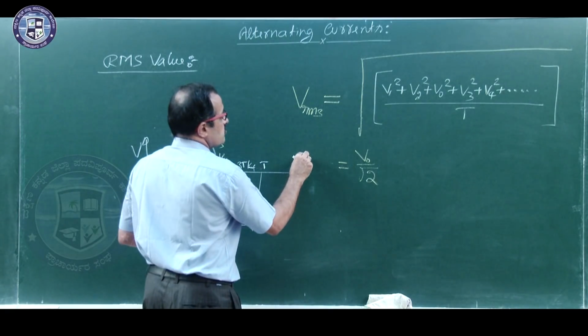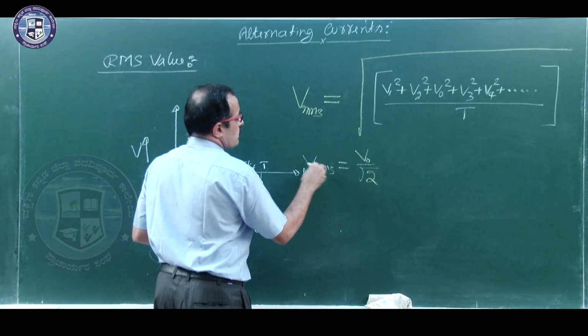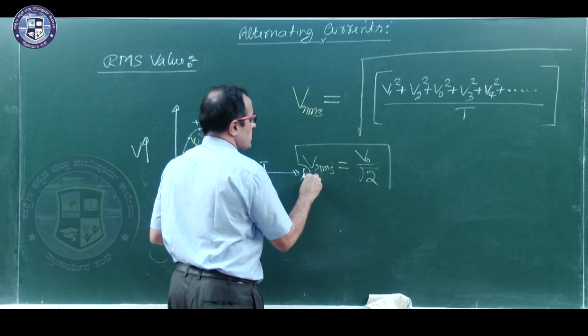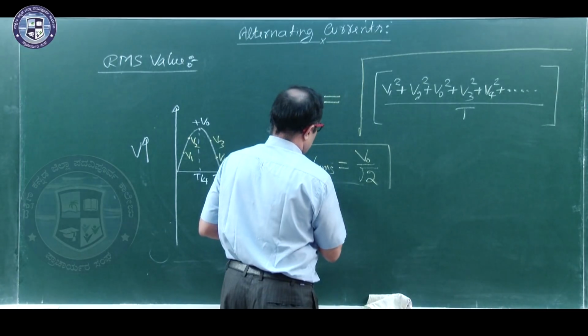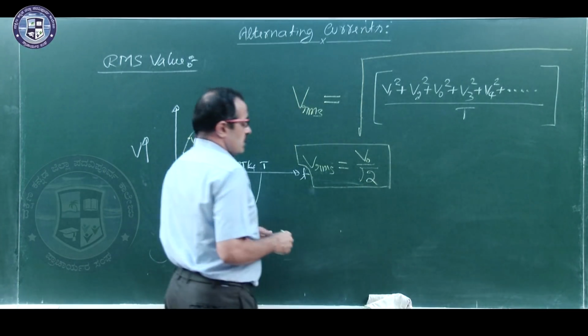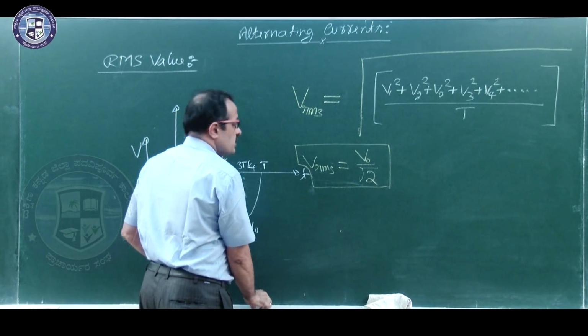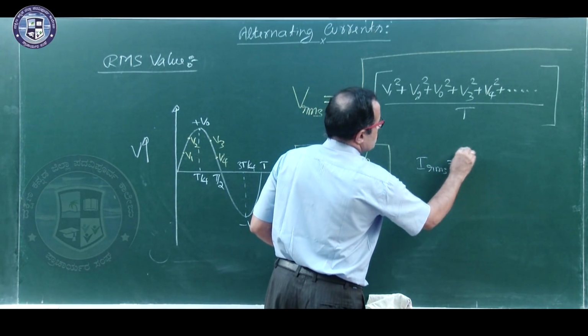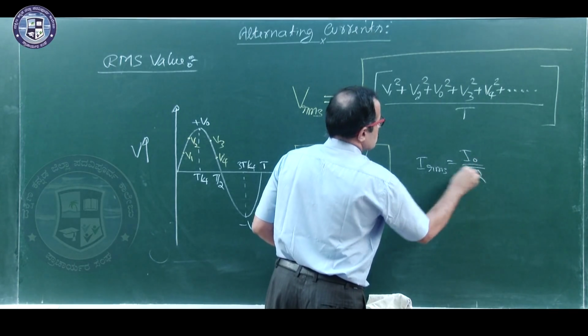So, VRMS is equal to V0 by root 2. What is V0? It is the amplitude of the AC. Like that, current is given by IRMS is equal to I0 by root 2.